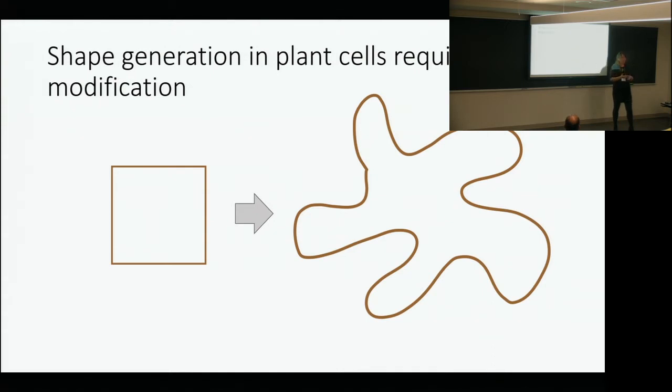Now, we're investigating the biochemistry and mechanisms by which the material changes, but also what material properties lead to change. I'm not going to talk about that today because I'm going to focus on our analysis of the shapes themselves, but it becomes relevant when we ask questions later about how the shapes are generated.